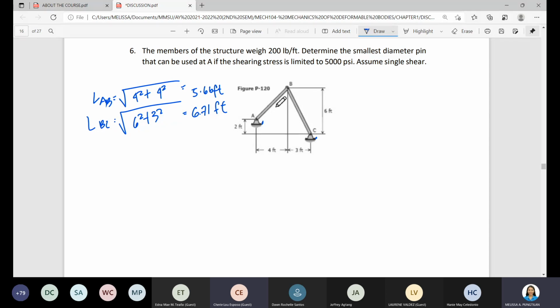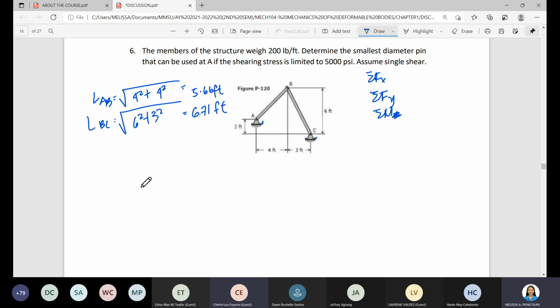So kahit anong gawin mo dyan, kahit gamitin mo yung tatlong equations na to, hindi mo masosolve yung values ng A and C kasi indeterminate sila. So ang gagawin natin dito is to dissect these elements parts by parts. Okay? So unahin natin yung ating AB.